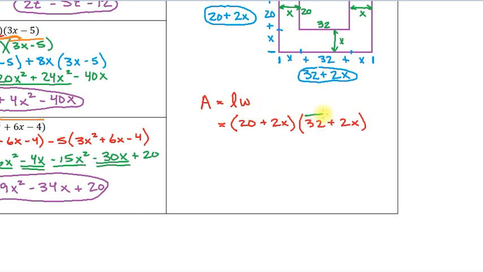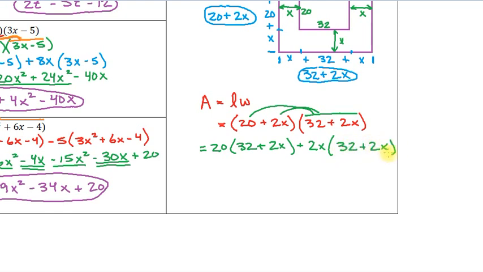You're going to take the entire second binomial. You're going to multiply the first term of the first binomial by that, and the second term of the first binomial by that. So now we're going to have 20 times 32 plus 2x. And then we've got positive 2x, which is right here, times the whole second binomial, 32 plus 2x. There we go.